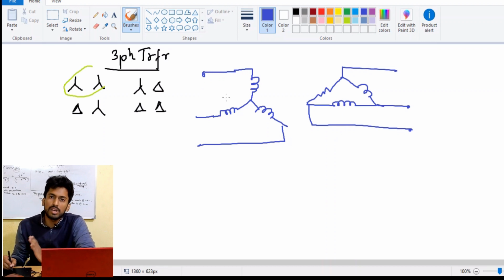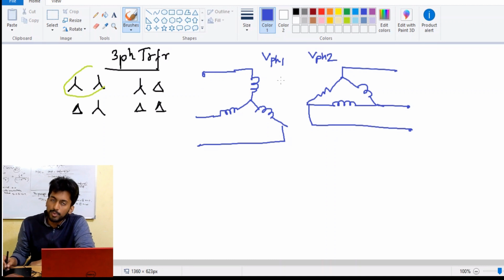Whenever we say that the input is from this side, the phase voltage of the primary winding and the phase voltage of the secondary winding are proportional with the transformation ratio itself. Means V phase 1 by V phase 2 will be equal to N1 by N2.